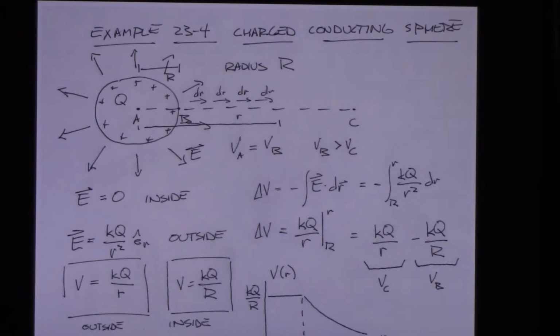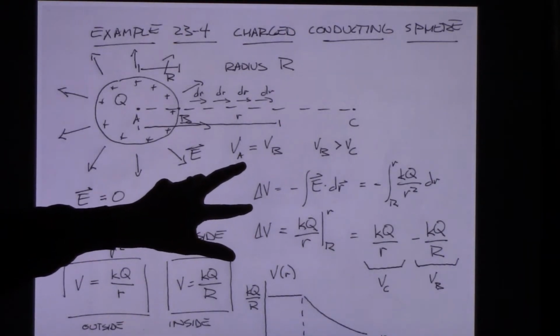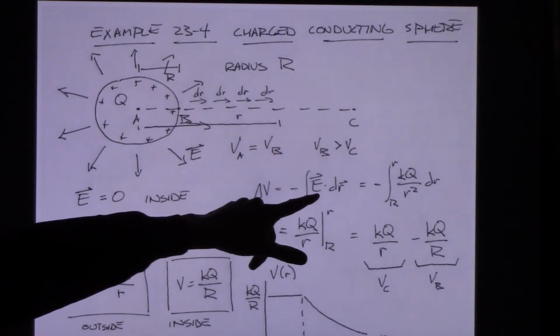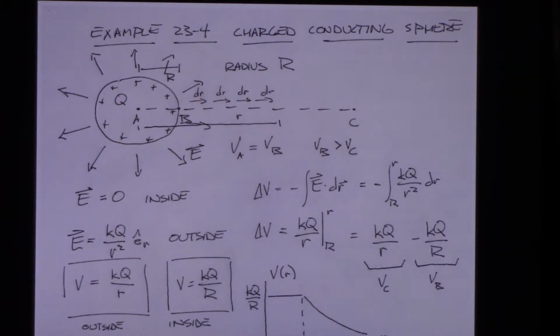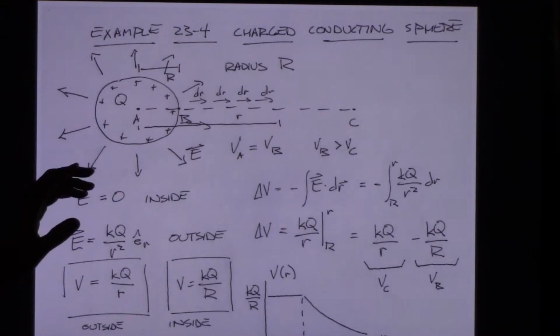Now, what we're supposed to be able to do from those slides that we looked at earlier is calculate potential differences by integrating along the path of the electric field. So let's try that. Let's do this first.